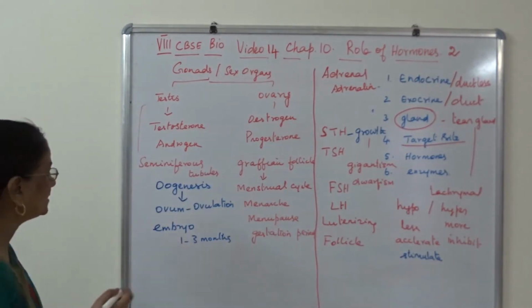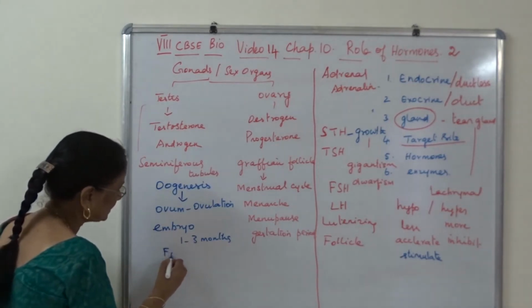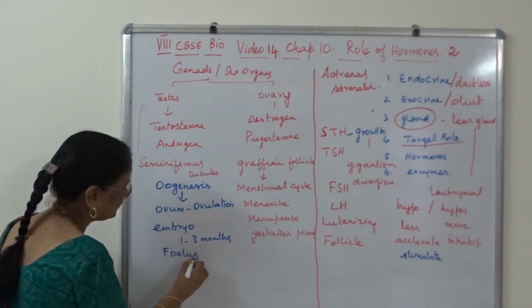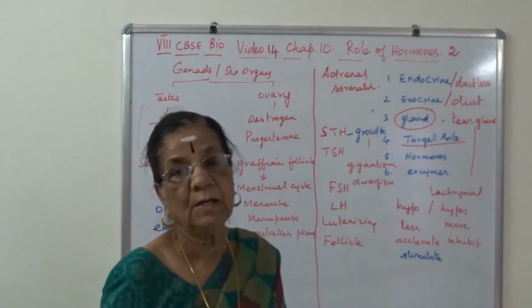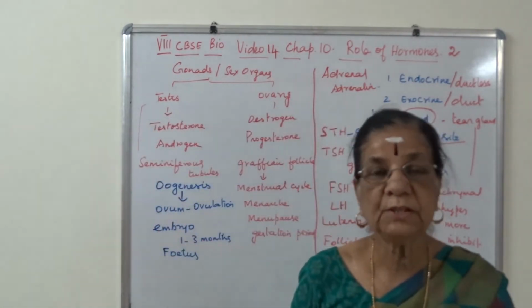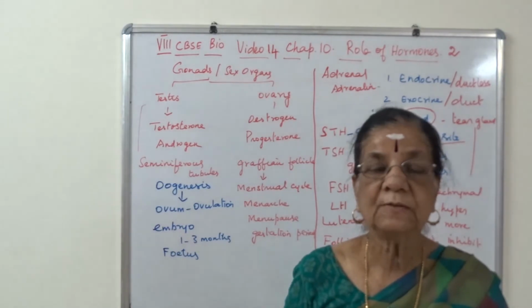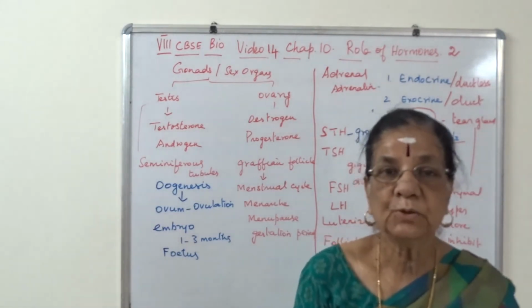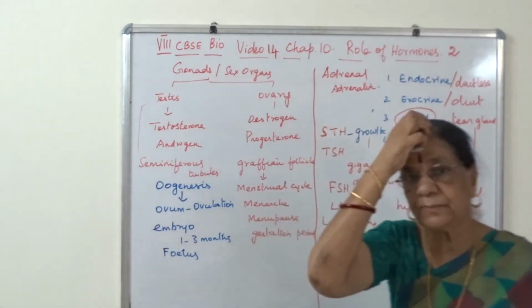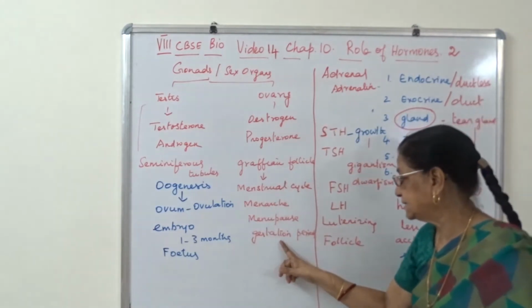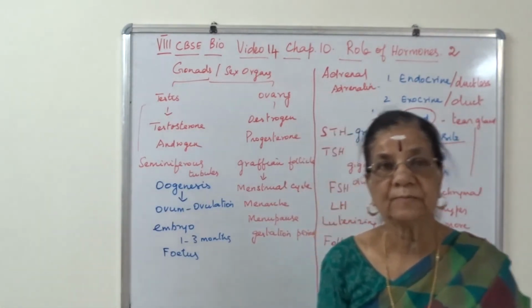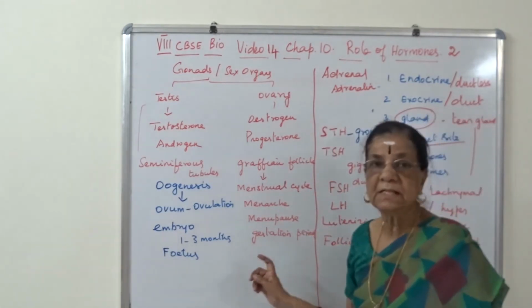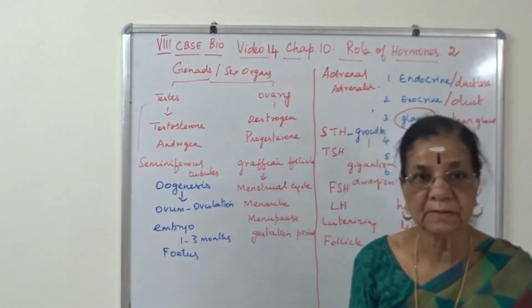And further development is called fetus. The development of embryo from the month of 3 to 9 is called fetus. And during that time of development, it is called gestation period. I hope you understand. So that is known as gestation period.